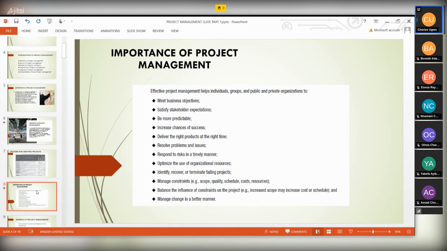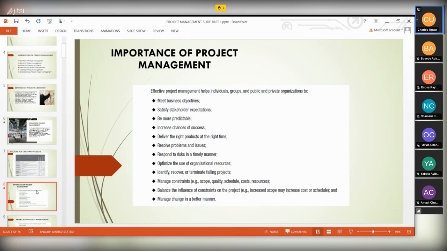Balance the influence of constraints on the project. Increased scope may cost more money. So when you manage your project very well, this issue of scope creep, which we are going to come to later, you won't fall into scope creep. Very soon, you will understand why you're hearing a lot about scope creep, because scope creep is one of the most dangerous things in project management, and it destroys projects.